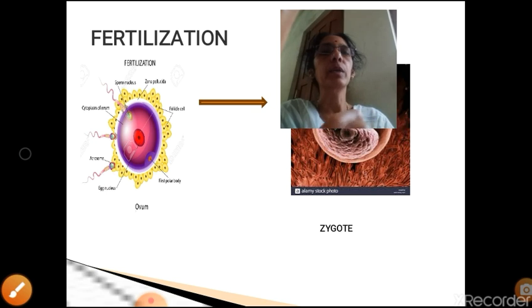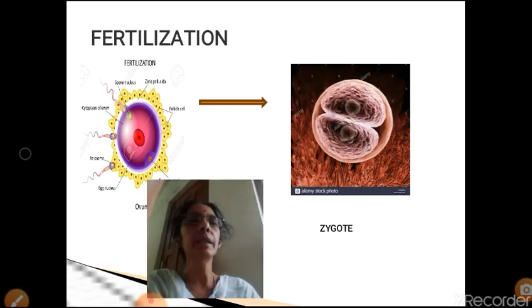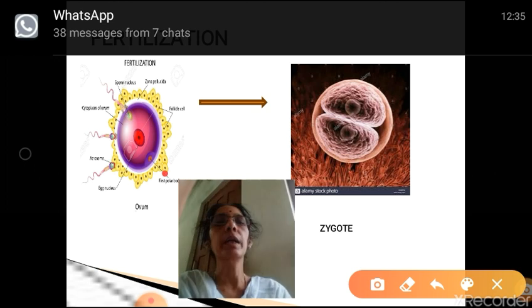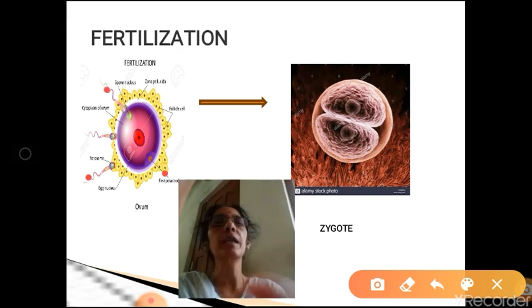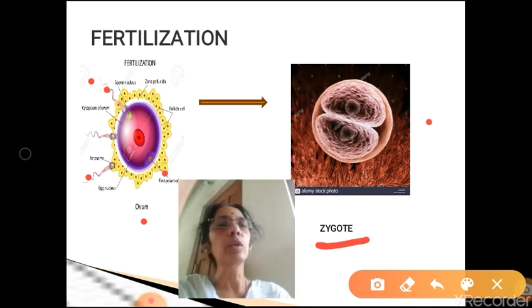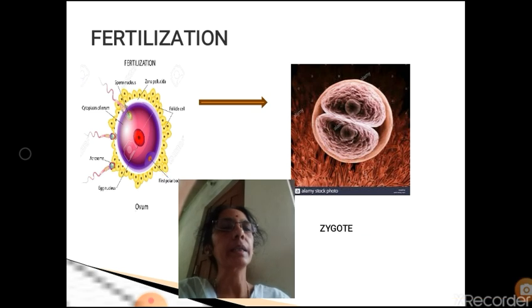So here you can see this is the ovum. Here you can see the sperm. This sperm has penetrated the ovum. The other two are not able to do it. The ovum is haploid. The sperm is also haploid. After fertilization, the product is called the zygote, and this zygote is diploid. 2n number is 46.